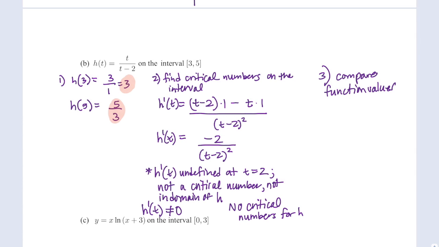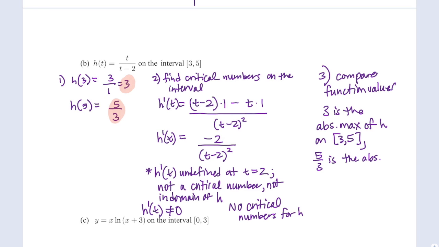So we would say 3 is the absolute max of this function h on the interval from 3 to 5. And 5/3 is the absolute min of this function h on the interval from 3 to 5.